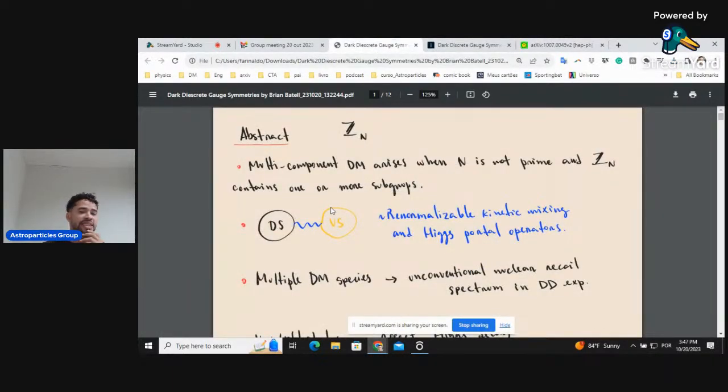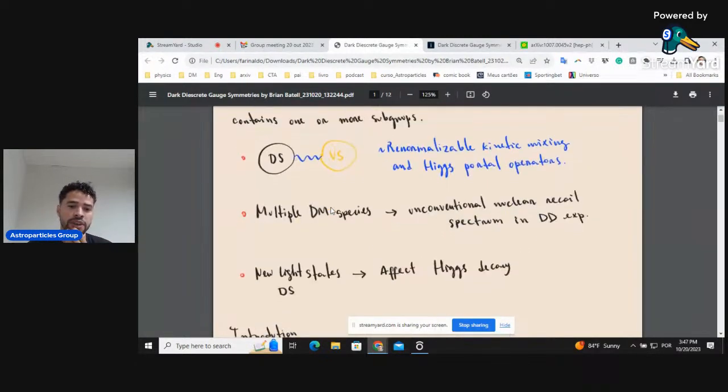Besides just multi-component dark matter, we could also have, for example, new light states in these models that could affect Higgs decays, and also some DM scattering in direct detection observables. So it is very interesting that we can build a model with two dark matter components, and the phenomenology of the dark matter will change a lot.